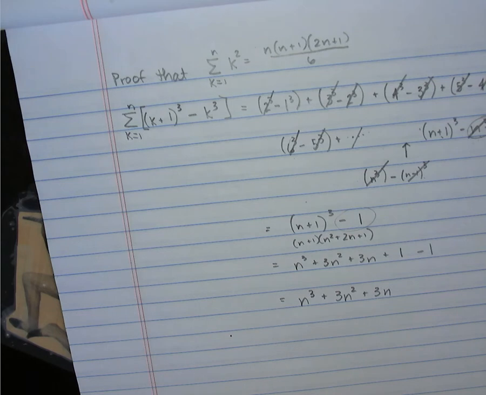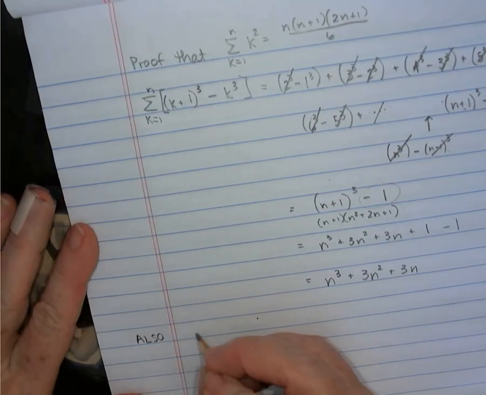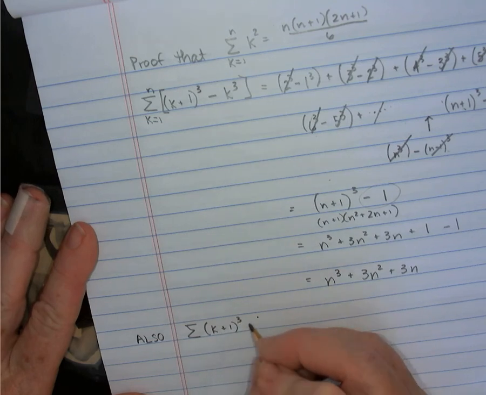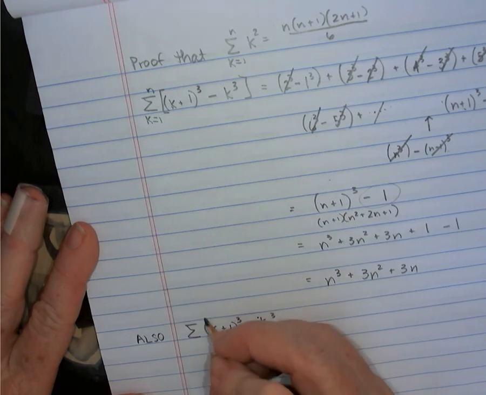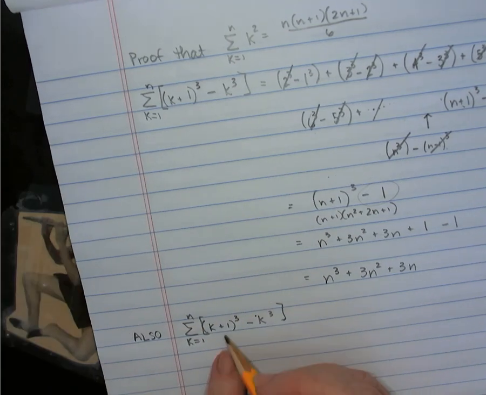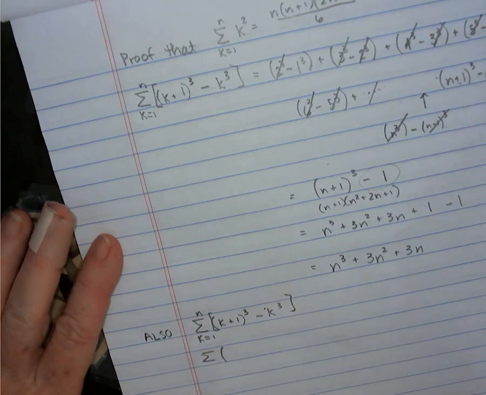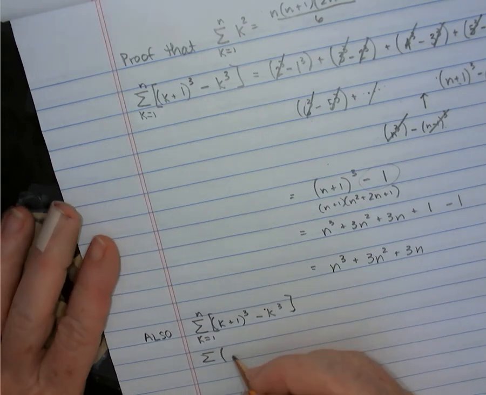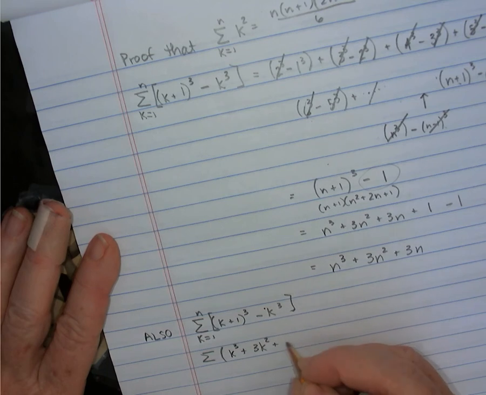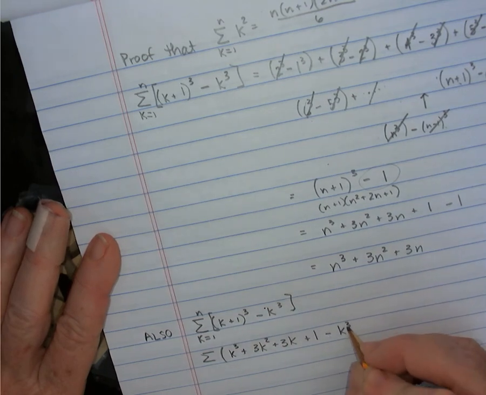But let's look at this another way. So here's the other thing we could say. Also, let's go back to where we started. We had k plus 1 cubed minus k cubed, and we were looking at this as k went from 1 to n. And I'm going to do a little bit of work on the inside here, because I know that this k plus 1 cubed, as we just discovered, I could rewrite as k cubed plus 3k squared plus 3k plus 1, and then we have that minus k cubed hanging off.